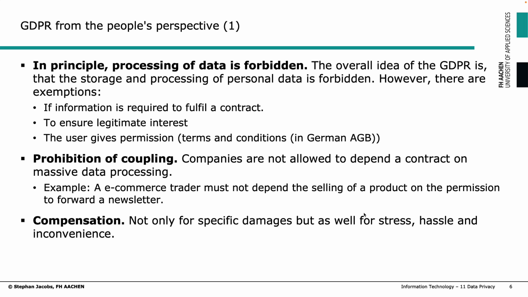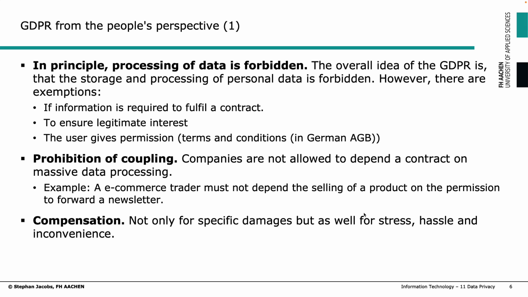And most important, if you as a user give permission, for example, in Germany using our AGBs, the Allgemeinen Geschäftsbedingungen, the terms and conditions of a contract, then people might store data. And that's what happens most often.